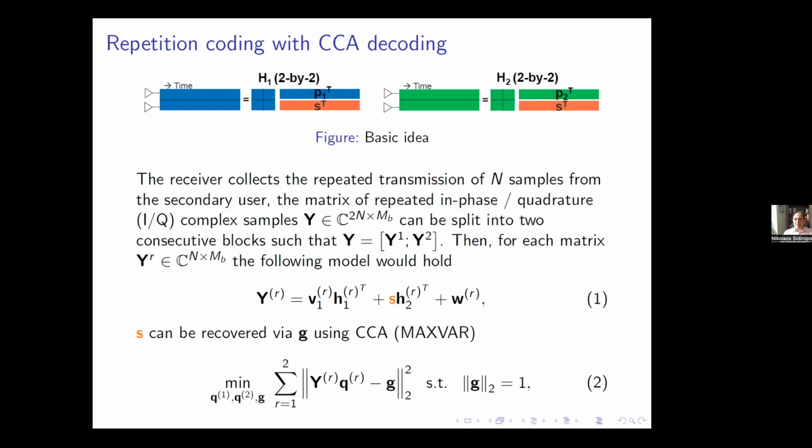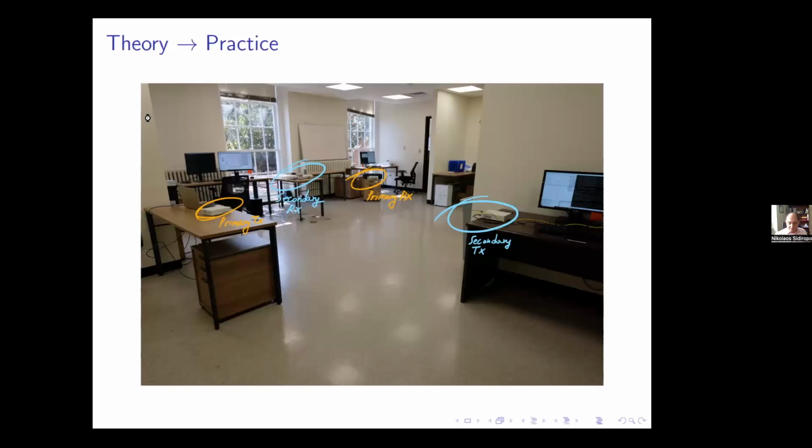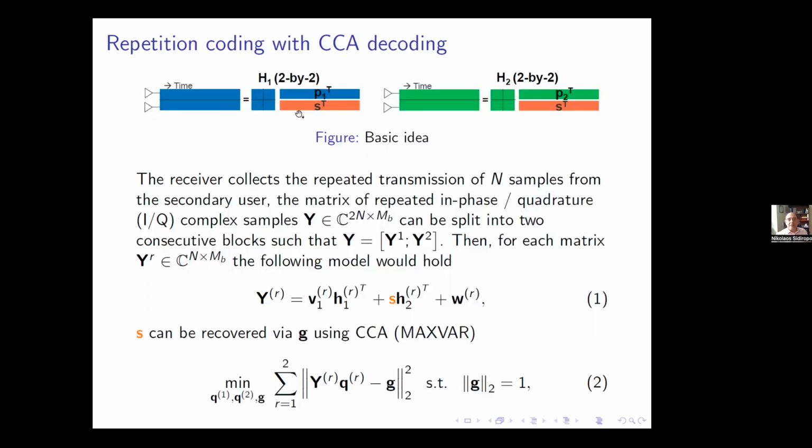And the idea is quite simple, and I can explain it using the graphic on the top of my screen. So you have a receiver with two receive antennas, what you see here on the very left, right? And you have a primary transmitter, let's say a radio station that is transmitting whatever it wants to transmit. The blue signal here, P1 transposed, is the signal of the FM station that is playing.